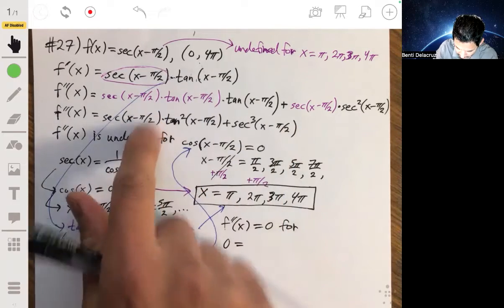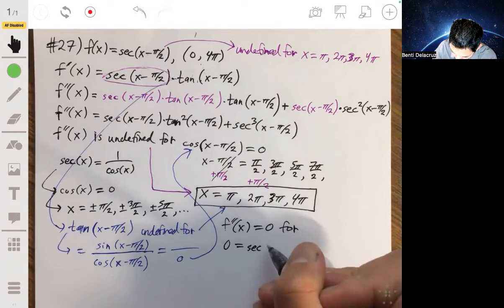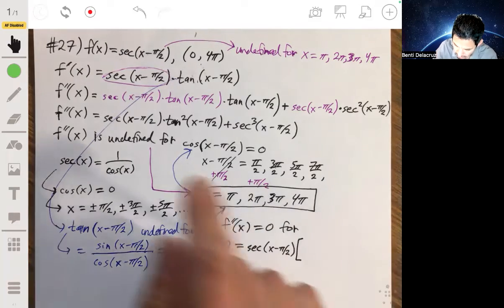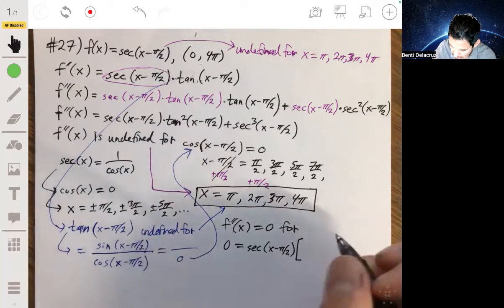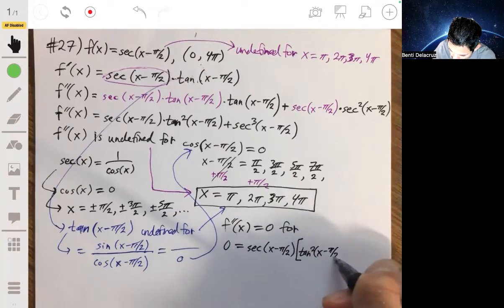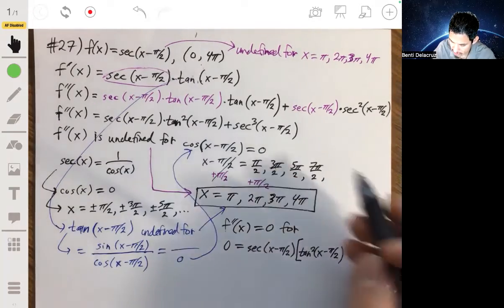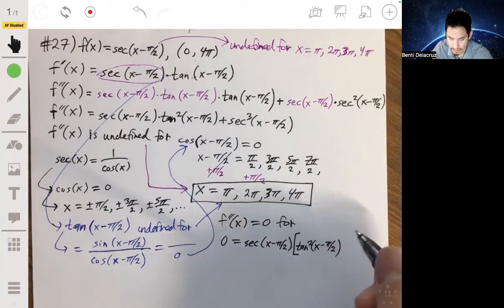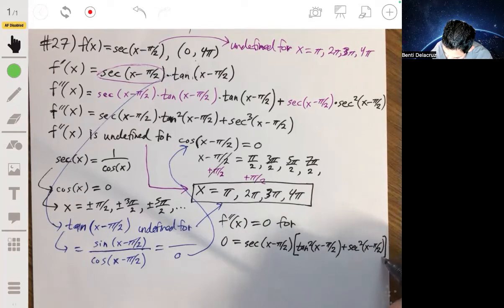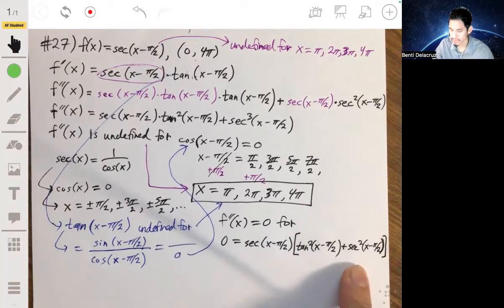Let's factor out secant of x minus pi over 2 times tangent squared of x minus pi over 2 plus secant squared of x minus pi over 2. I hate squeezing my writing really small, but there you go.